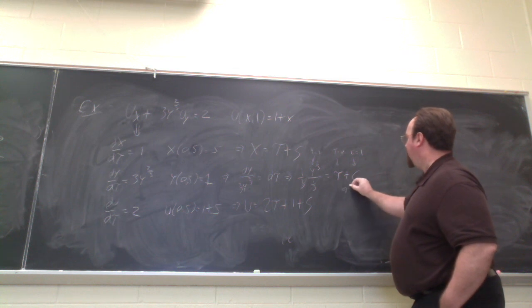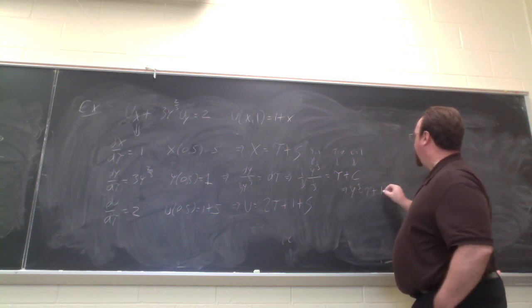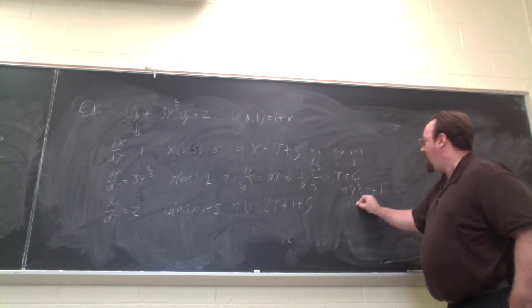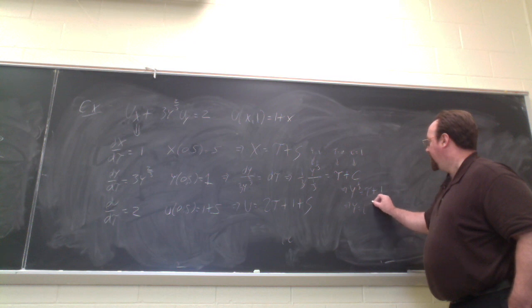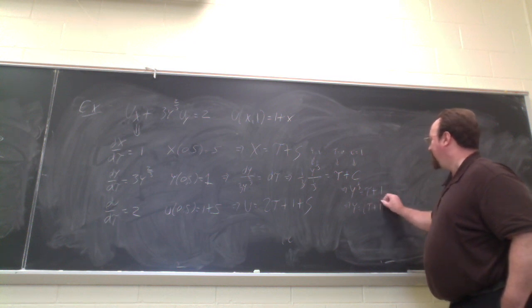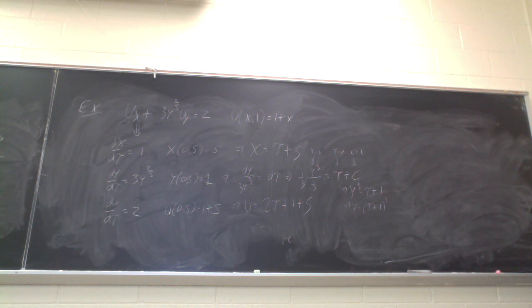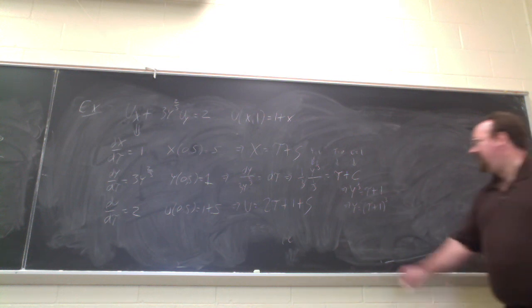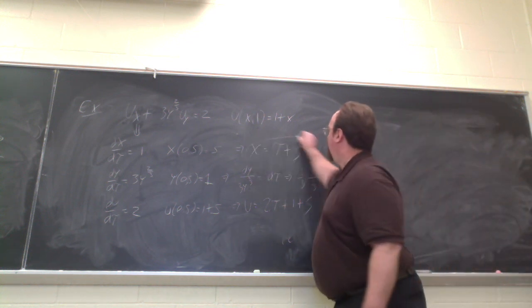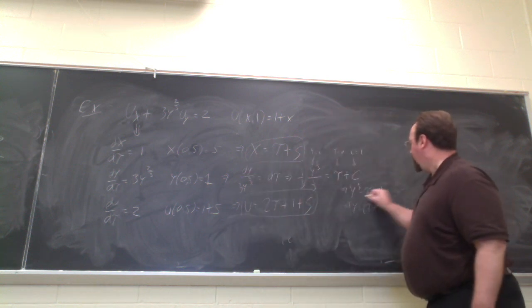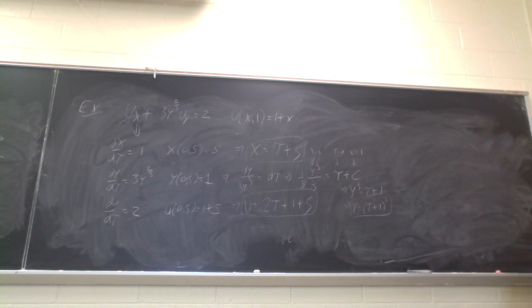So now I have y to the 1/3 is equal to tau plus 1. So now I can just take the cube root of both sides. So y is equal to, so you cube both sides, yes, cube both sides. It's tau plus 1 cubed. So now we have all of our characteristic equations solved.